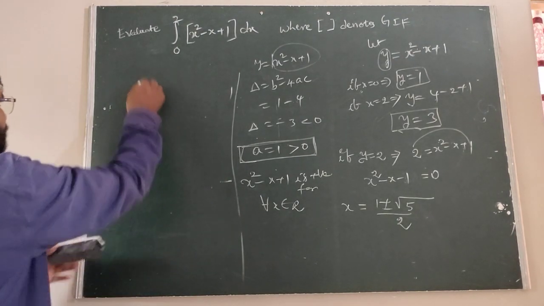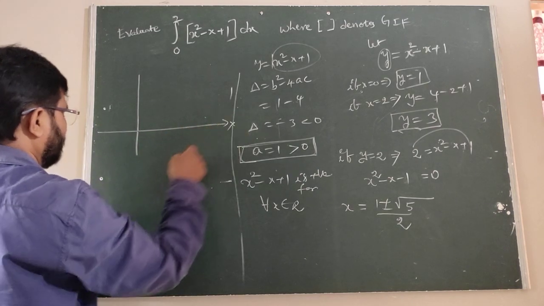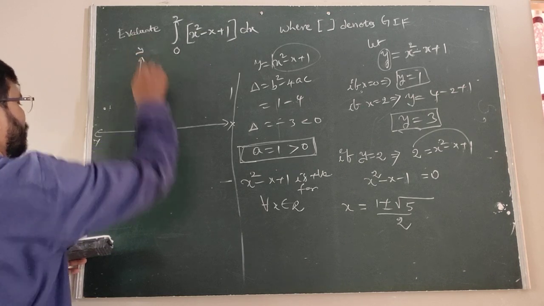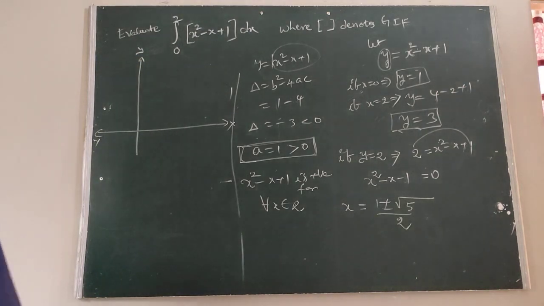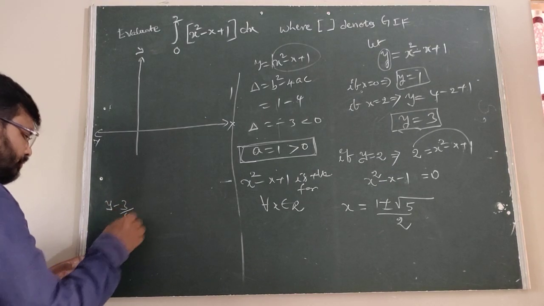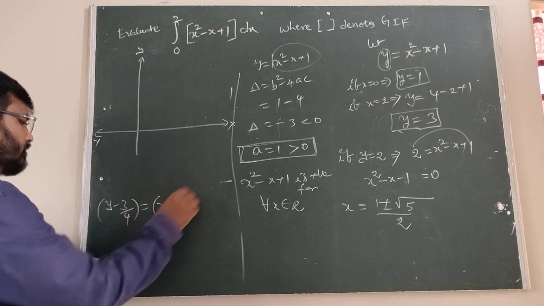Here all of you listen. Horizontal line, the x-axis. Just now we discussed, it completely lies above the x-axis. We got the graph y minus 3 by 4 equal to x minus 1 by 2 whole square.